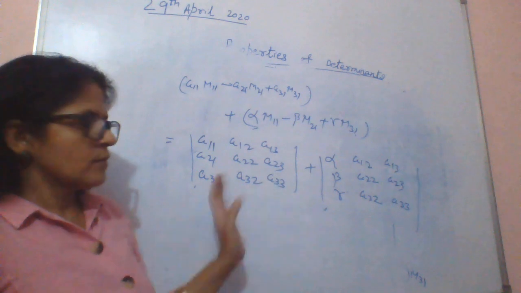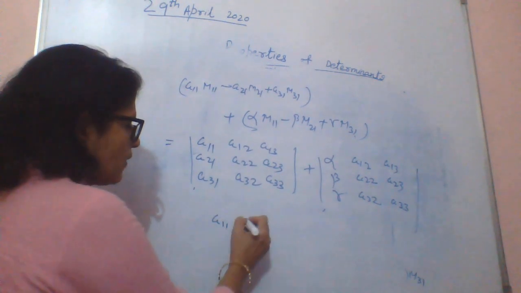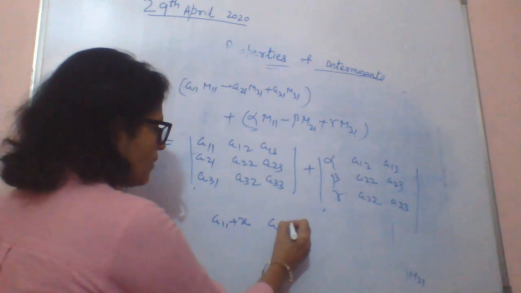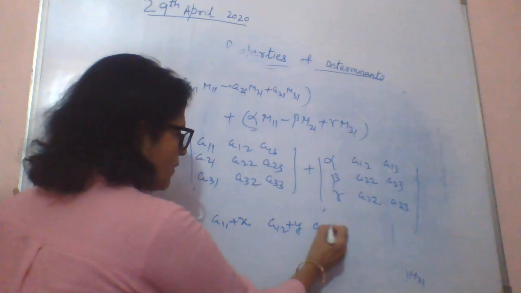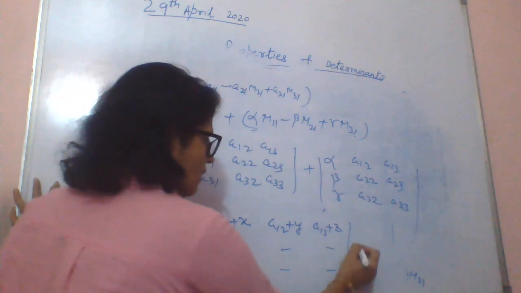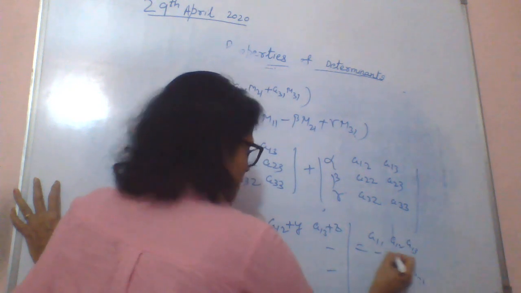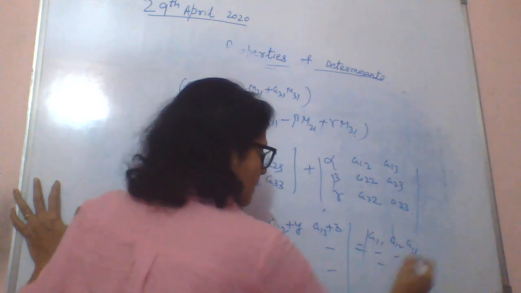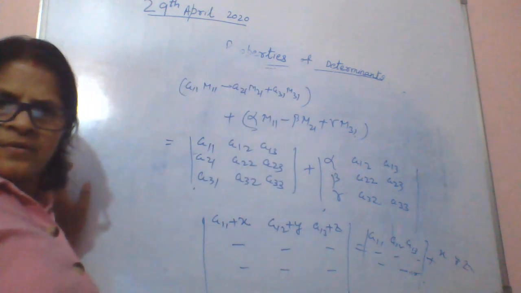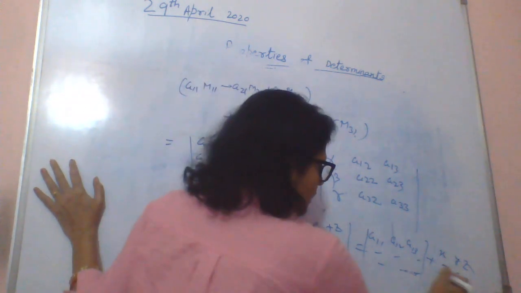If this were row wise, suppose you have a11 plus x, a12 plus y, a13 plus z, and the rest of the elements the same, we would have got a11, a12, a13 and the rest the same, plus x, y, z, then the same elements here.